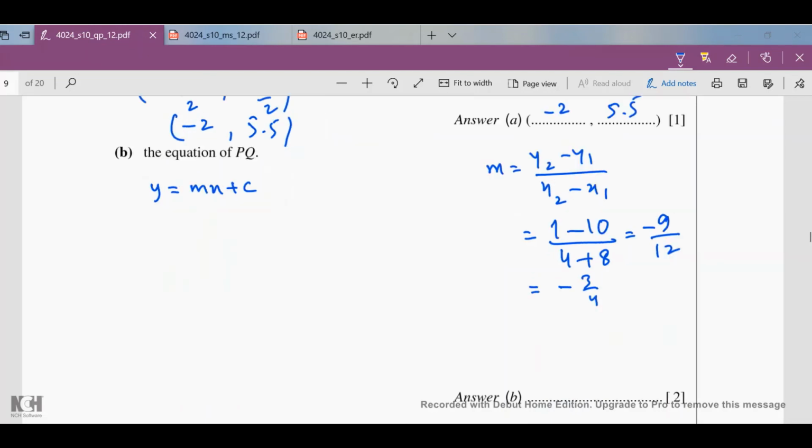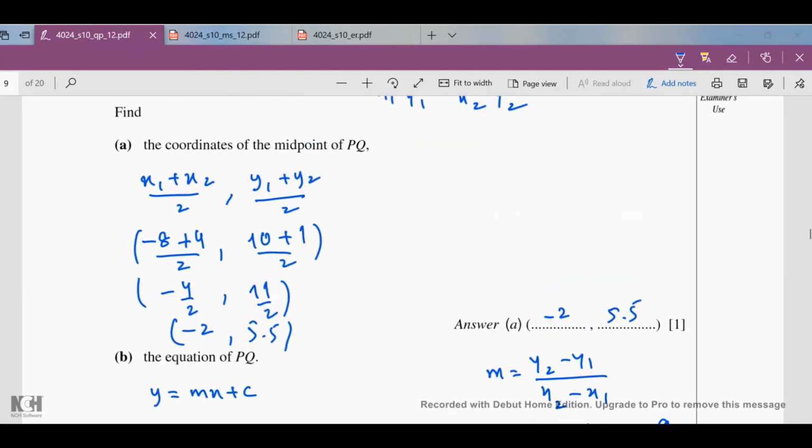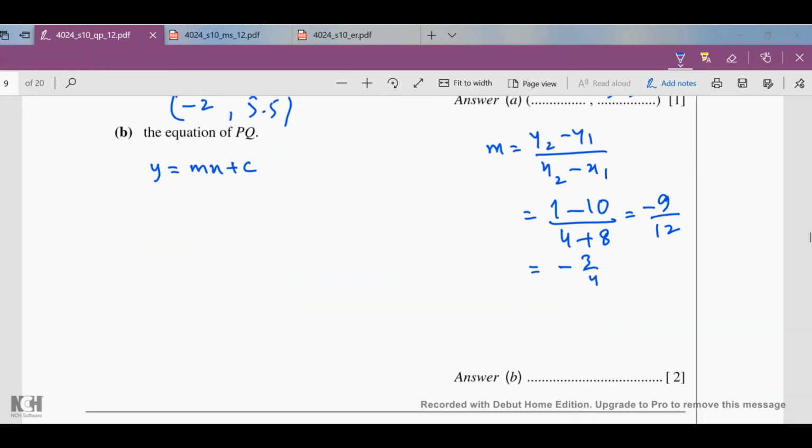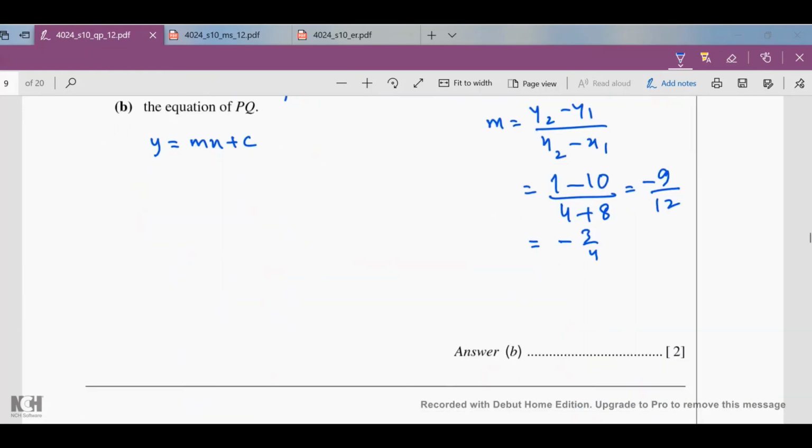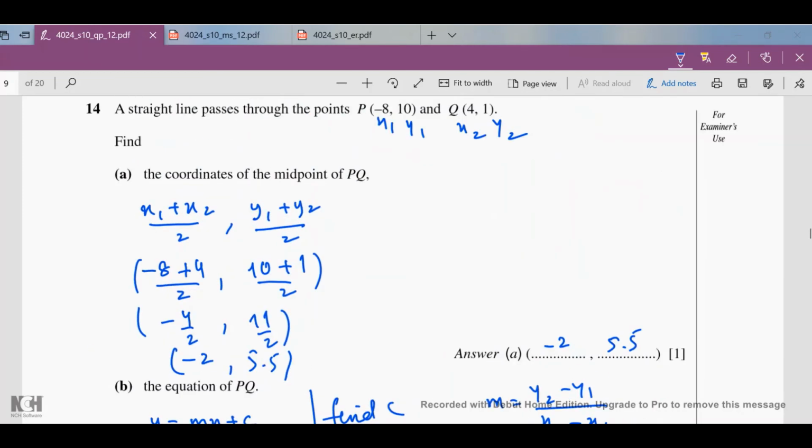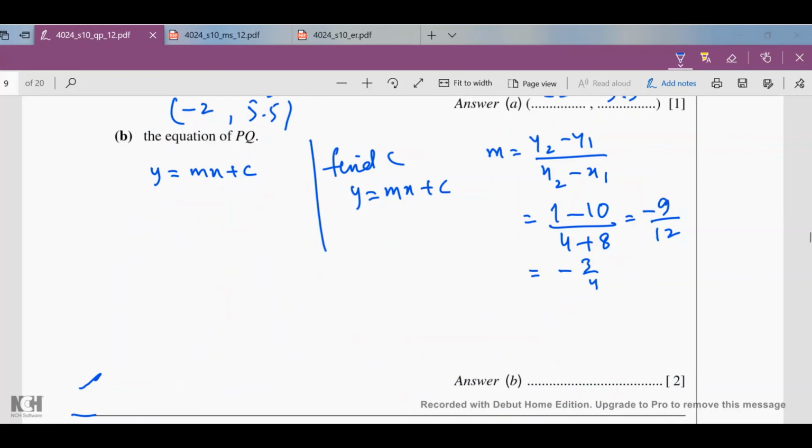Okay, now I want to find c. I can use the point 4 and 1 to find c. Y equals mx plus c. So 1 is equal to the gradient, minus 3 upon 4, times 4, plus c.